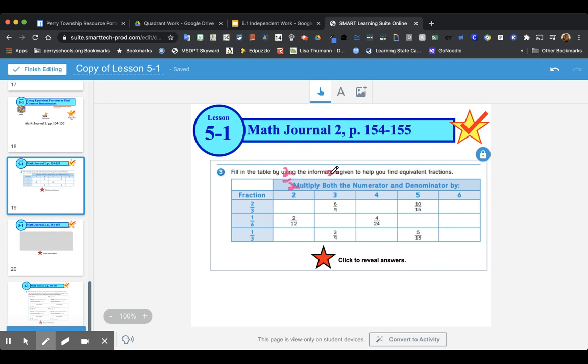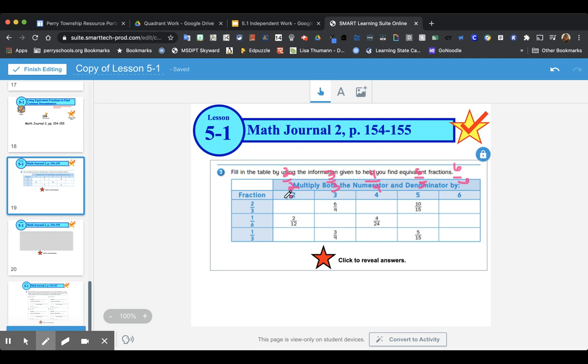This isn't just a 3, it's a 3 over 3. 4 over 4. 5 over 5. And 6 over 6. So don't let that fool you.